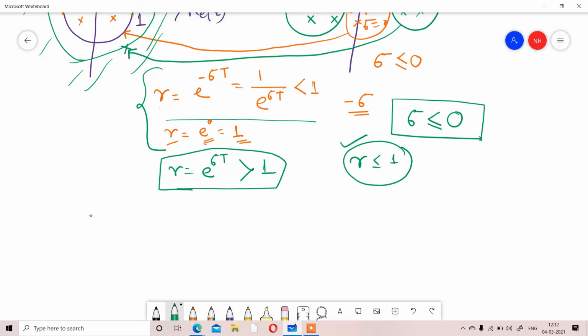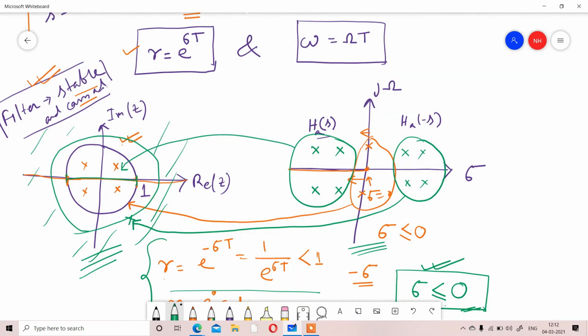So simply, after mapping the s domain to the z domain for the impulse invariant method, we have seen that the condition that sigma must be less than or equal to 0 must be maintained. Okay, now the next equation that we have is omega equal to omega t, or the digital omega equal to analog omega into t.